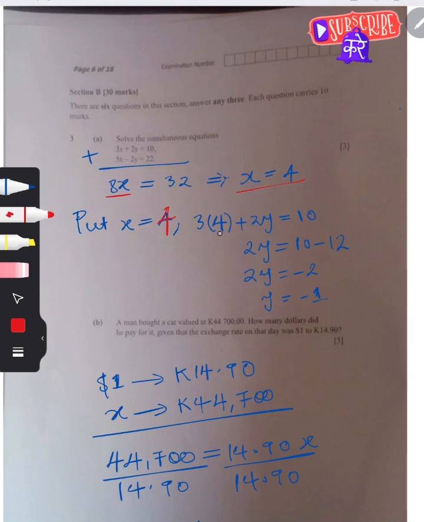So this is 3 multiplied by 4 plus 2y equal to 10, and just solve for y. So this is 2y is equal to 10 minus, this is 3 multiplied by 4, which is 12. And we can subtract 12 both sides of the equation, so that this is 10 minus 12, which is negative 2. Then divide by 2 throughout, so that we have y is equal to negative 1.